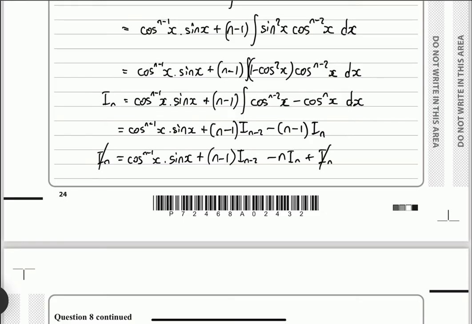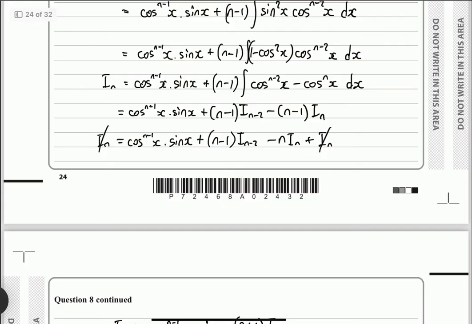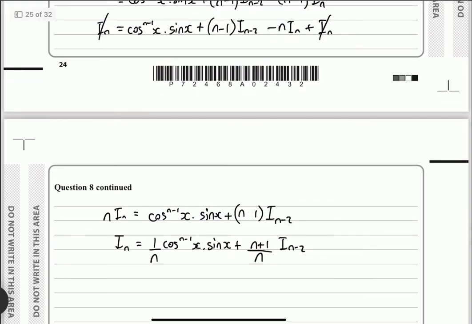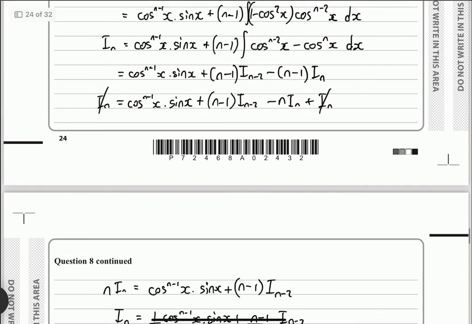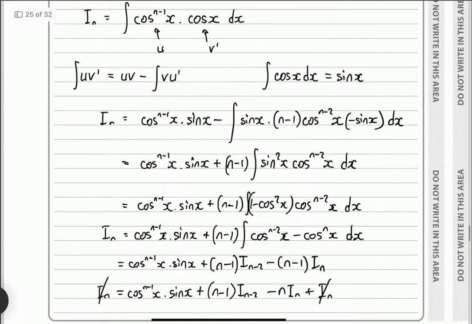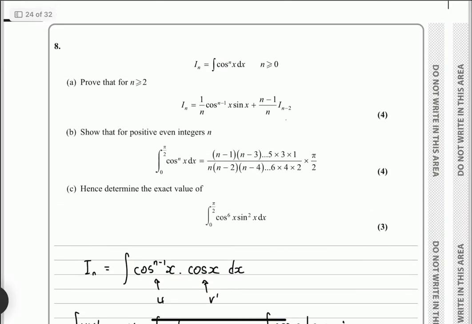I was being so enthusiastic, I knew those I_n's were going to cancel. So we had a minus n I_n minus, with the minus as a plus. Yes. And this is all minus. Okay. Always worth double checking what you finish with matches what they want you to finish with.